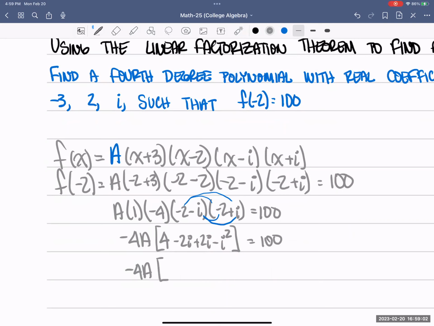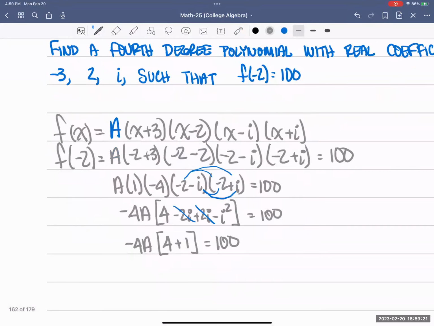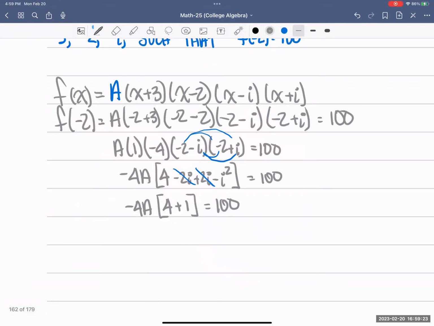-4A. Here, these two subtract out. And i squared becomes -1. -1 times negative is going to be positive, so +1 equals 100. So now we have 5. This part equals 5. 5 times -4 is going to give us -20, and that is equal to 100.